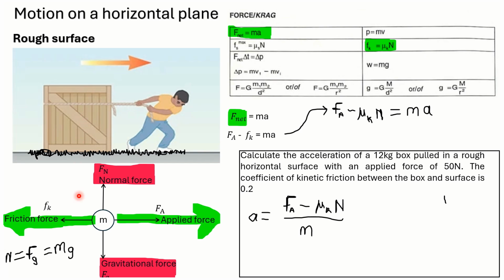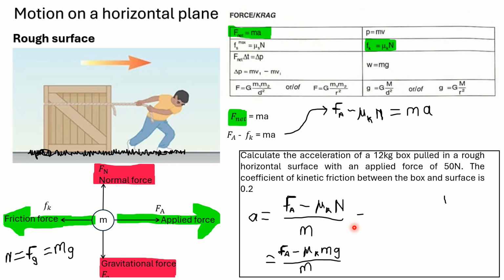Balanced, I mean they must be equal so that the box does not go either up or down. So now, having said that, we can just replace this normal force with mg. Why? Because we know that they're equal, so we can just come here and replace N with mg and write Fa like that, minus mu mg, all divided by m.